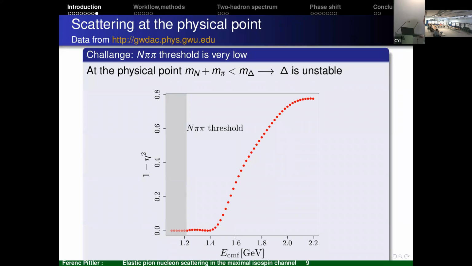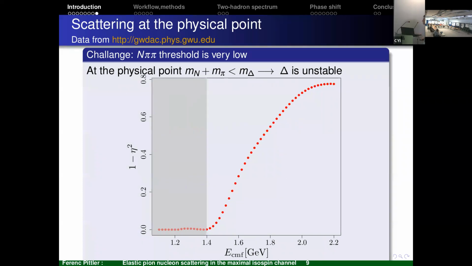Here I show that the threshold at the physical point is somewhere around 1.2 GeV. However, the scattering is elastic to good precision up to 1.4 GeV. So we can use computed energy levels in this kind of Luescher procedure up to this point.